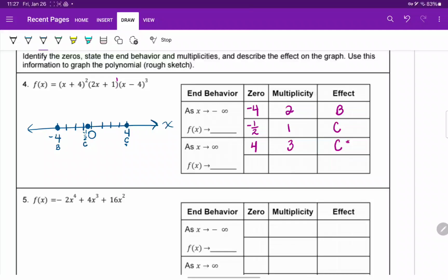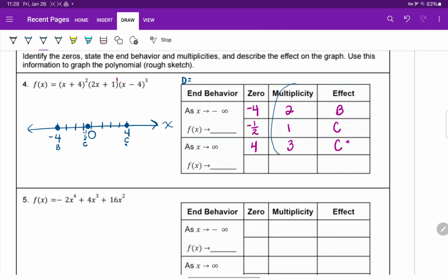The last thing you need to be able to do this graph correctly is your end behavior. Your end behavior comes from knowing the degree and the leading coefficient. When this is factored out and you have not been given the polynomial in standard form, you can either multiply it all together to get your degree, or there's a shortcut.